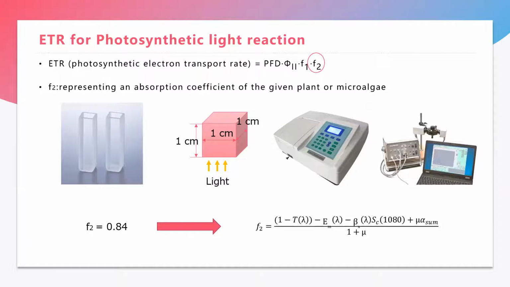The value of F1 is always 0.5, and another constant named F2. We mostly concerned about F2 because in this formula, it must represent the light energy absorption proportion of plant or microalgae in a certain area. In its formula, F2 was usually replaced by the constant of 0.84.